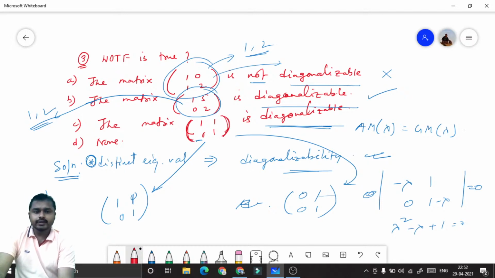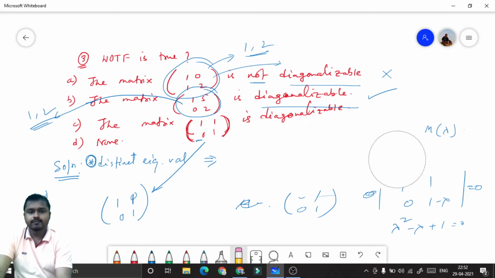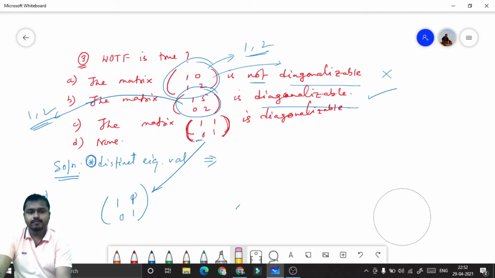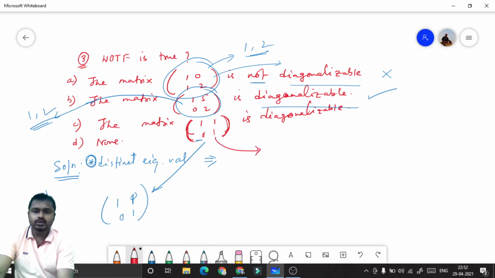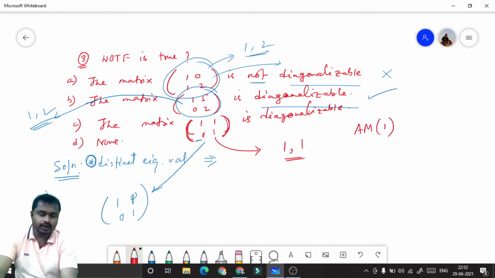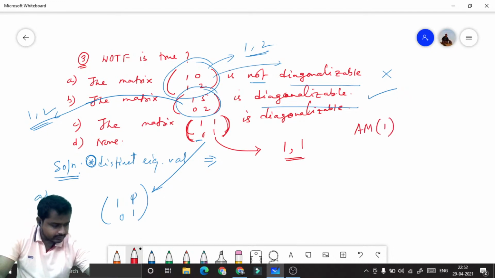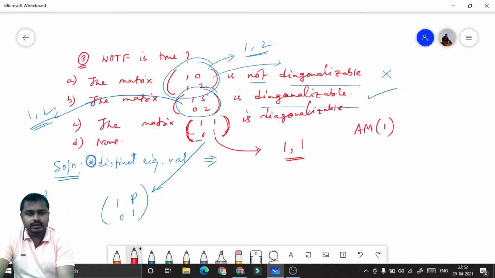Okay, so look at this. Here the eigenvalues are 1 and 1. So the algebraic multiplicity of this eigenvalue 1 is 2.